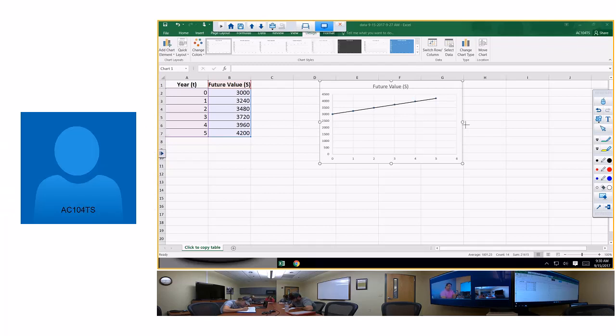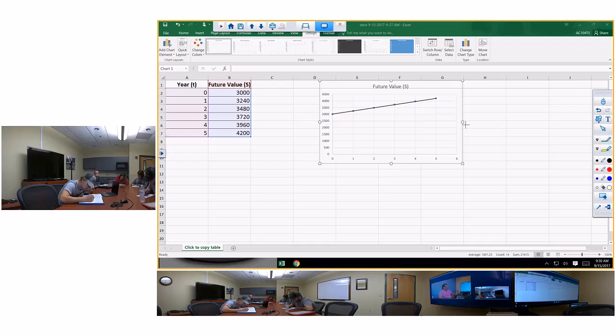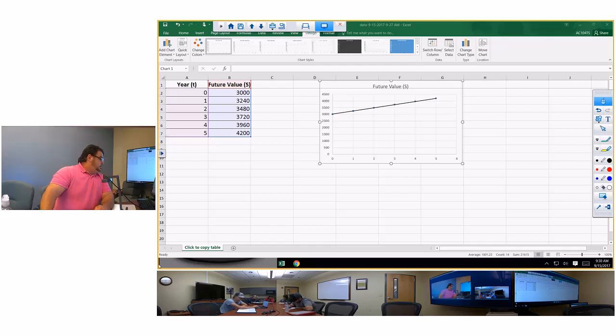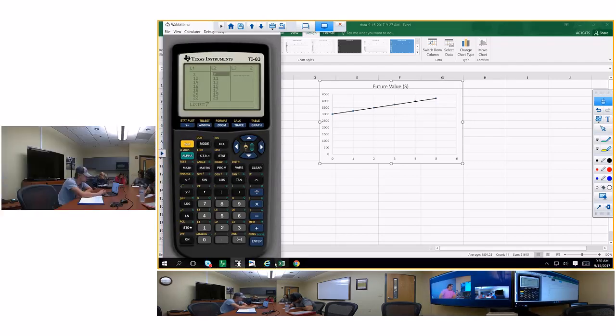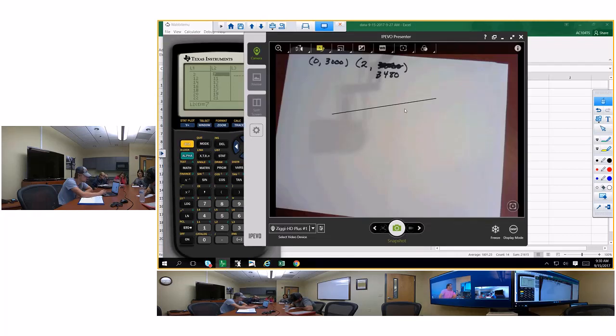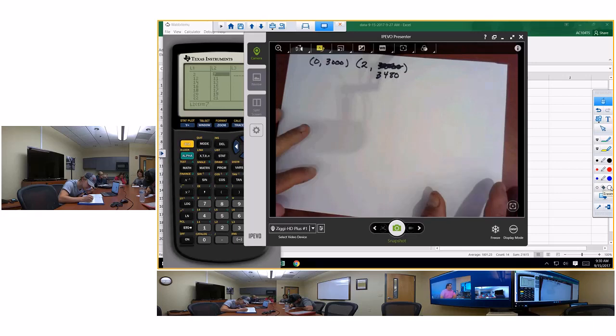I didn't look at the table. 3,480. I'm going to pull up my handy dandy calculator. Move the stupid calculator out of the way. So there's my 2 points.